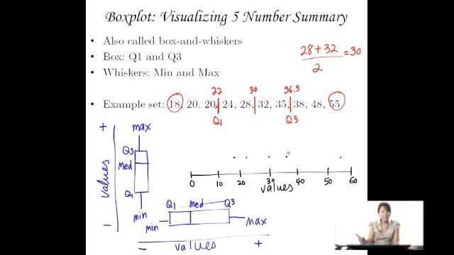All right, and so now I know where my boundaries are, I could just draw my box and whiskers. And to help myself, I might just write down where Q1 and Q3 is, because that's going to help me draw my box. And here's my median, right? Here's my minimum whisker. Here's my maximum whisker. So this would be a box and whisker plot, or a box plot, for this data set that we have right here.